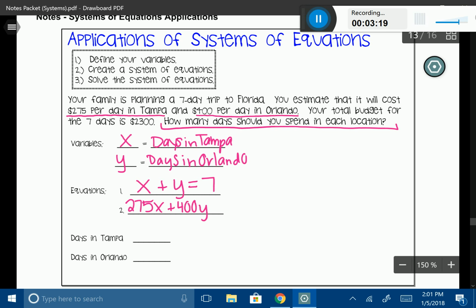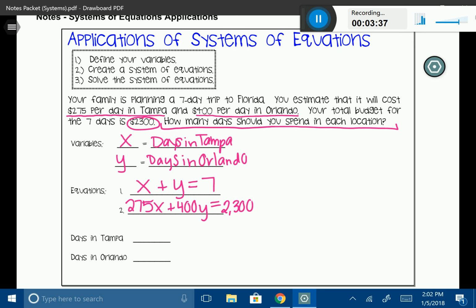And that's going to be equal to, well, what was our budget for this problem? Well, it was $2,300 for those 7 days. So I'm going to set it equal to $2,300.